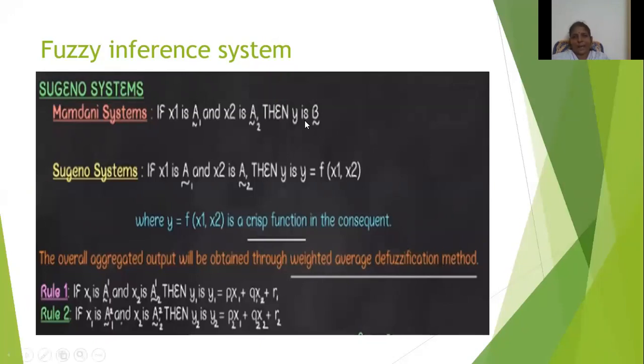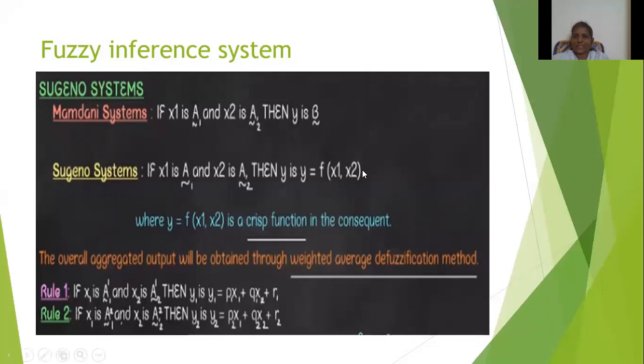Earlier in the Mamdani system, we have considered the case of 2 antecedents. Here x1 is a1, x2 is a2 are the 2 antecedents. Then y is b. That is your consequent. But here in the Sugino system, it is mentioned like that.